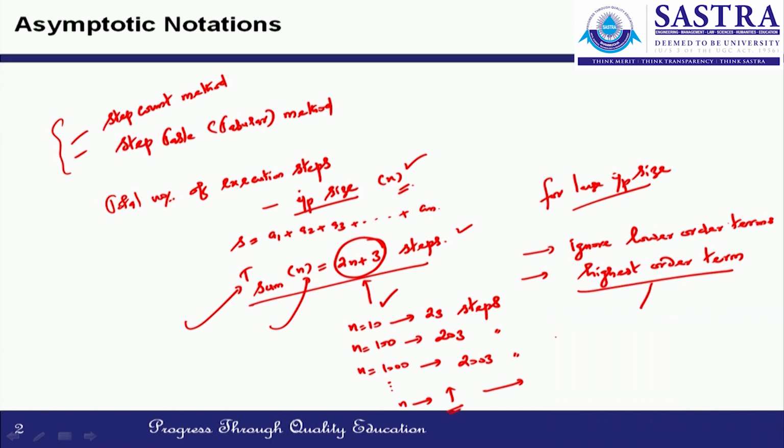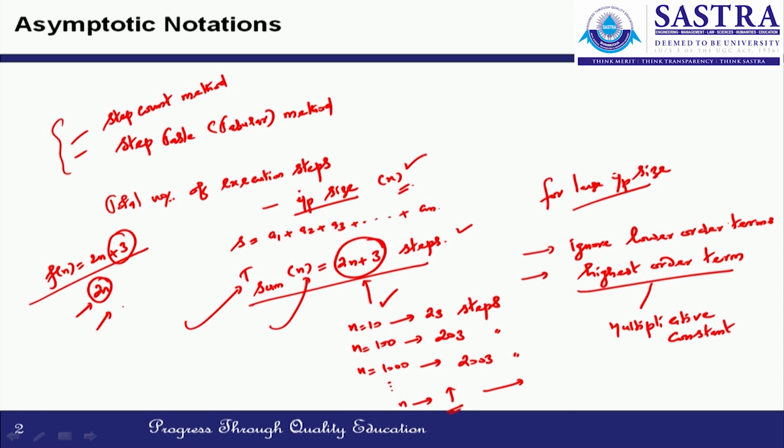In the highest order term, ignore the multiplicative constants. So in f of n equal to 2n plus 3, the lower order term 3 is ignored, and only the highest term 2n is kept, in which the multiplicative constant 2 is not considered.